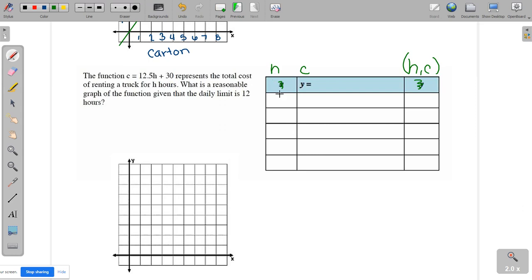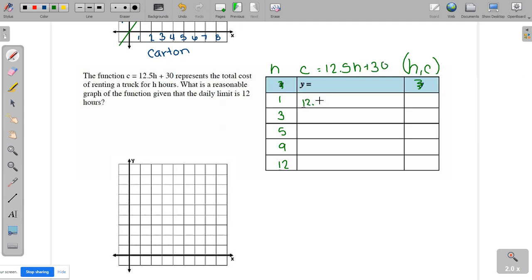So here we can do 1 hour, 3, 5. We could do 7, or I'm going to skip to 9 and 12 to get a nice graph. When we substitute it in for our hours, what are we going to get?